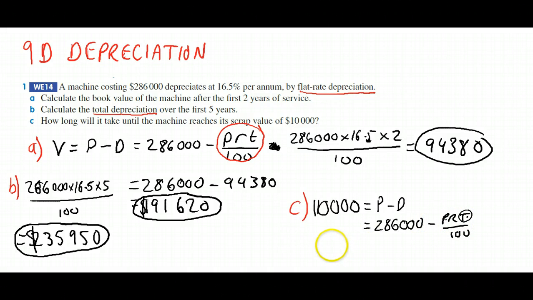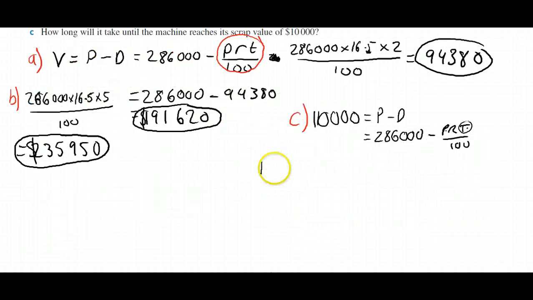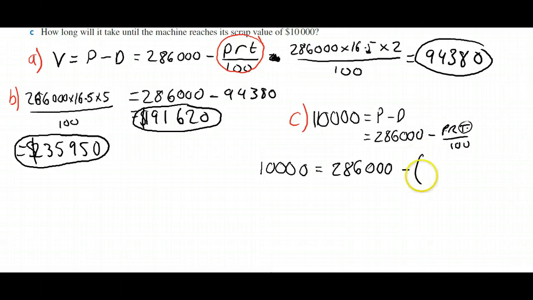So let's write all that out. We know that 10,000 equals 286,000 minus, we'll put this in brackets, 286,000 times 16.5 times T, which we don't know, and that's all over 100.